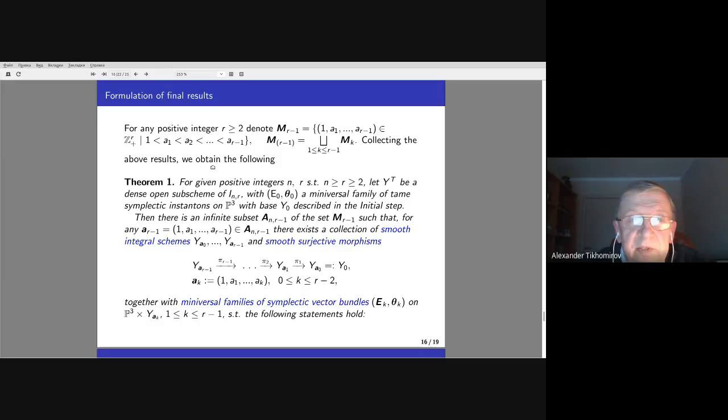So collecting these above results, we obtain the following theorem: for given positive integers n and r, such that n is at least r and r is at least 2. So we start, as I said, with rank more than 2, where rank is 2r. Let Y_T be a dense open subscheme of our space of tame symplectic instantons I n r with a universal family on it, described in the initial step.